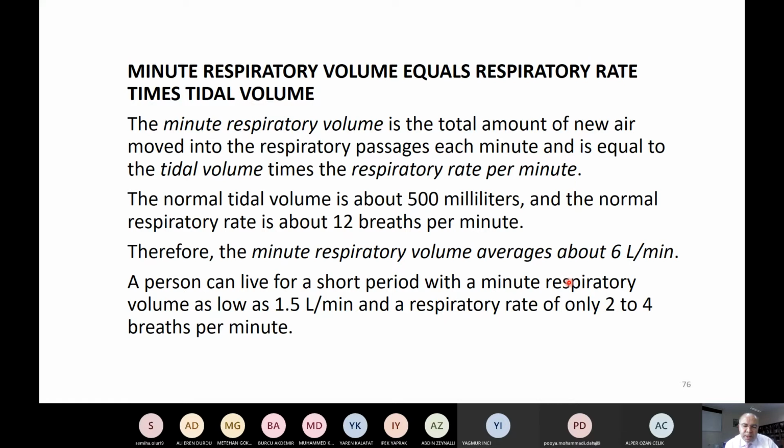So simply by multiplying them, we get 6,000 milliliters, 6 liters per minute. Okay.